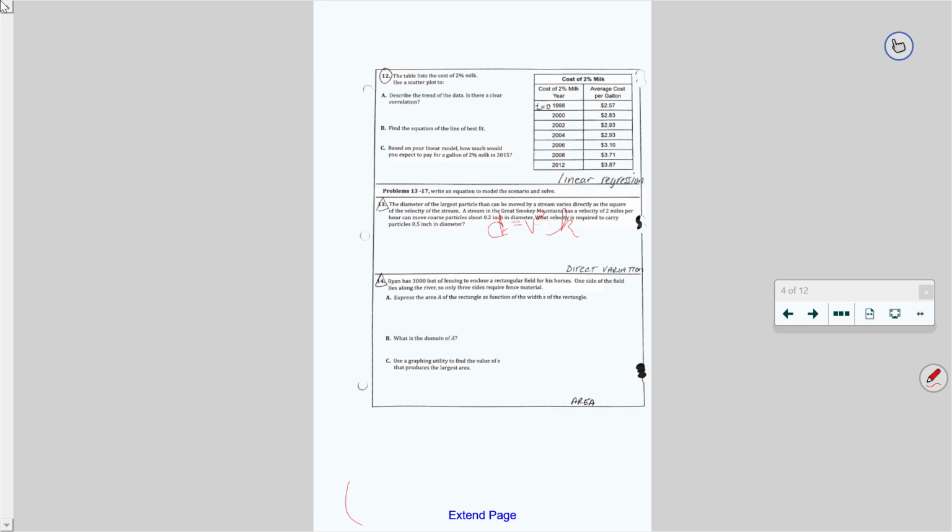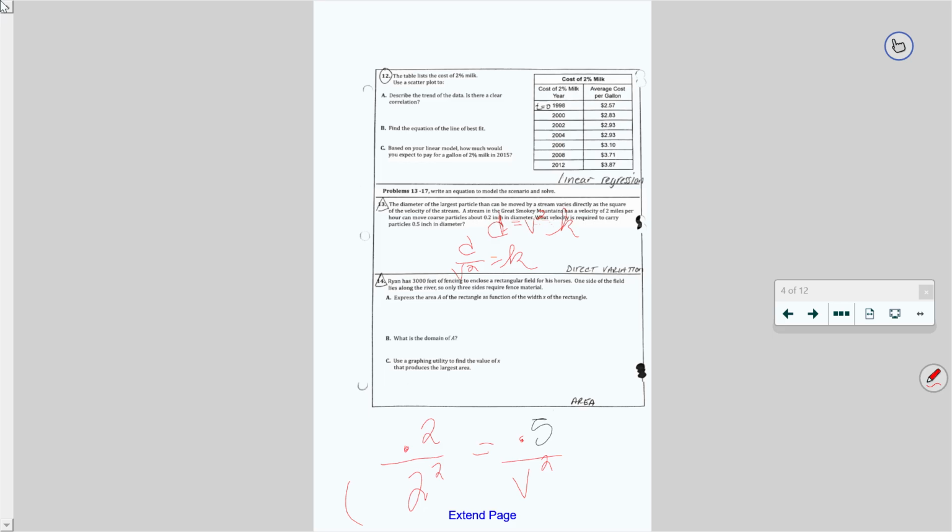I would say D over V squared equals K. So you could solve for K, plug it back in, but I like to just do left and right. So it says when the diameter is 0.2, the velocity is 2, and that has to be equivalent to, when the diameter is 0.5, what's the velocity? So you just cross multiply and solve.